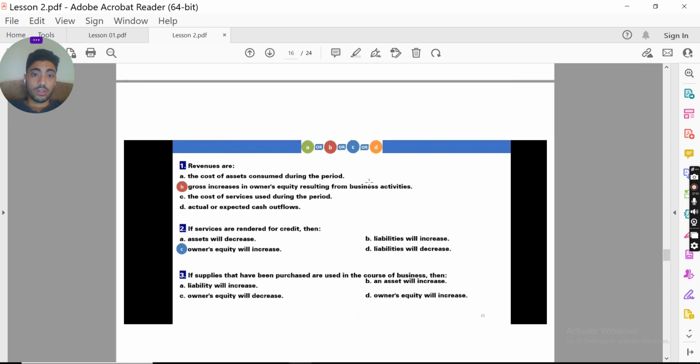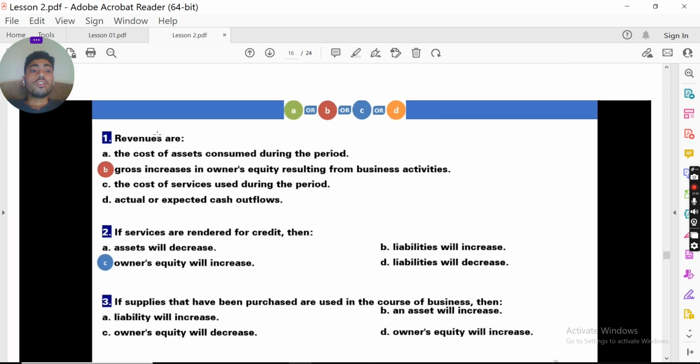Okay, we have examples here. What are revenues exactly? Is it the cost of assets consumed during the period? No way. There is no cost about revenues. B, gross increase in owner's equity resulting from business activities? That seems to be logical.